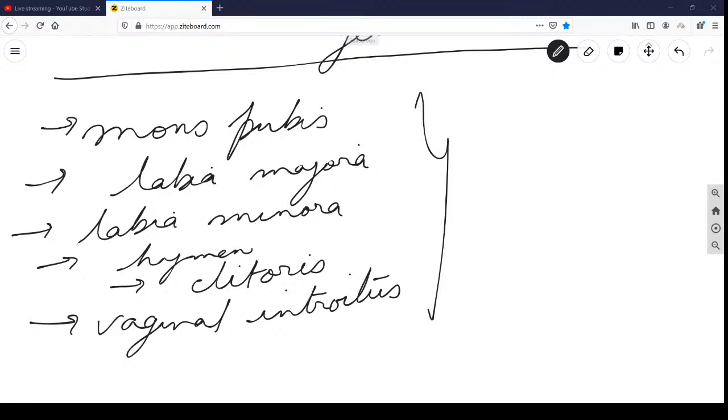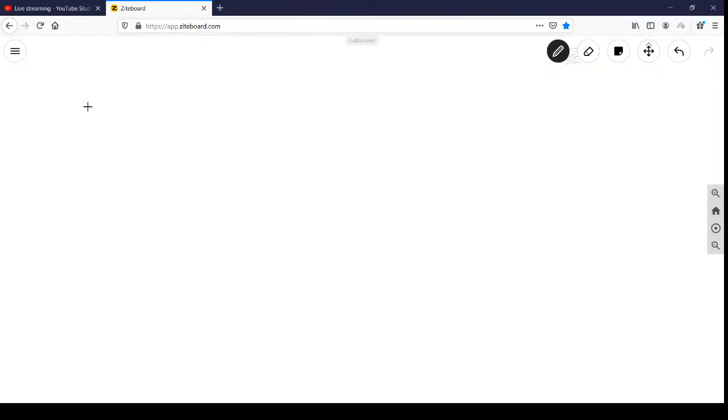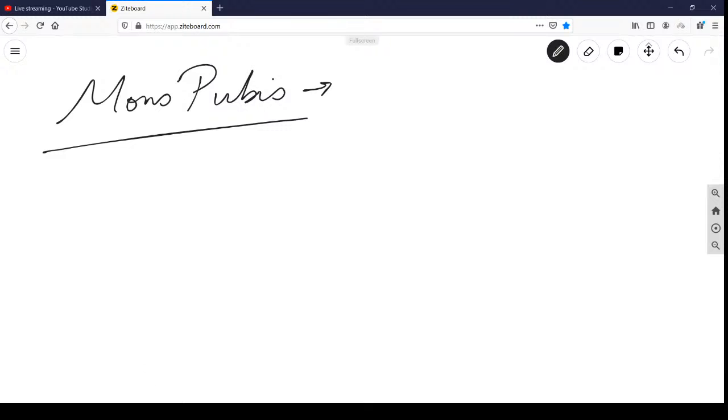Now, talking about the mons pubis. The mons pubis is a cushion of fatty tissue covered by skin and pubic hair that lies over the pubic symphysis. So that is the meaning of mons pubis. You might have seen the diagram in your book.